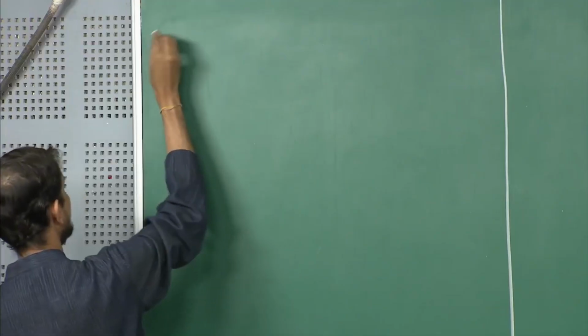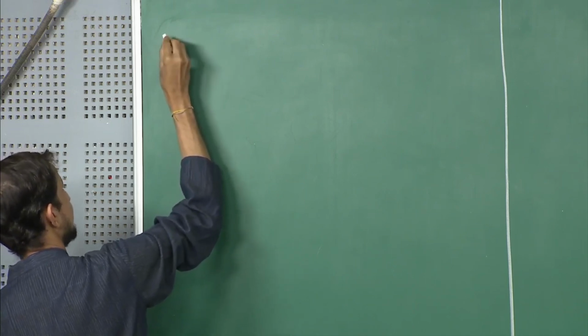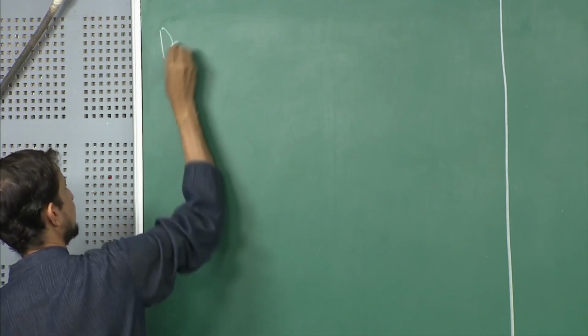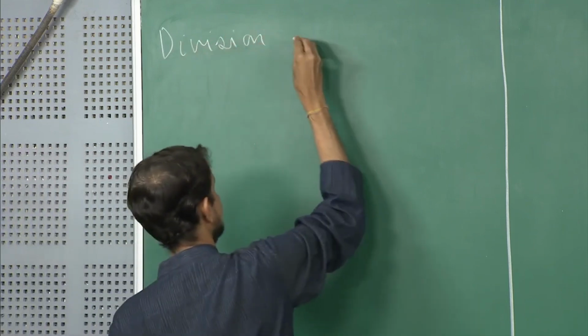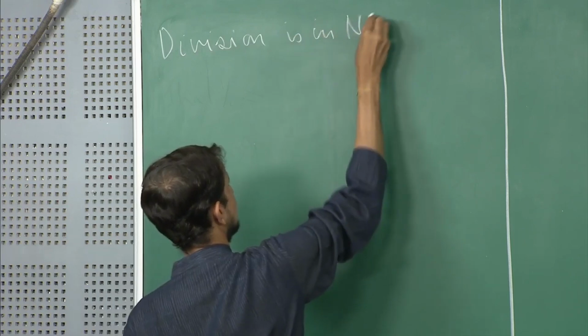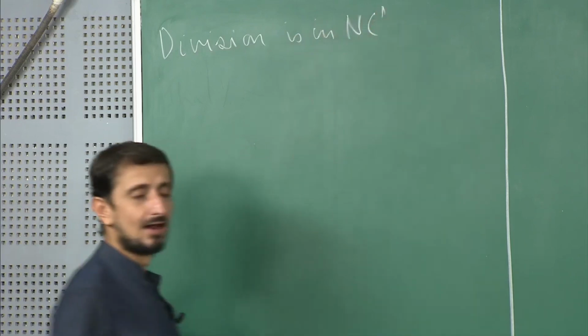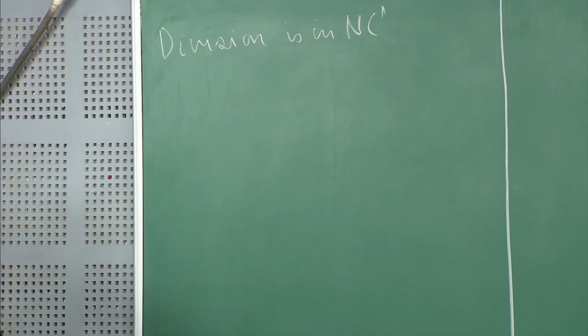So what we will prove is the following result, that division is in NC1. Okay. So this is actually a very strong result, and this is actually quite a non-trivial result.